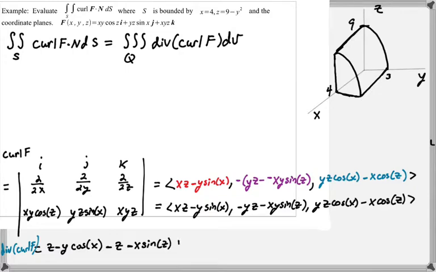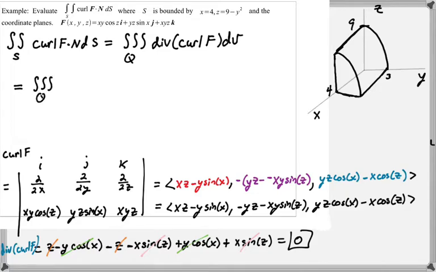And then the k component, we're going to take the derivative with respect to z, so we're going to have y cosine of x, and then plus x sine of z. Okay, so the z's will cancel, the y cosines of x cancel, and also the x sines of z cancel.